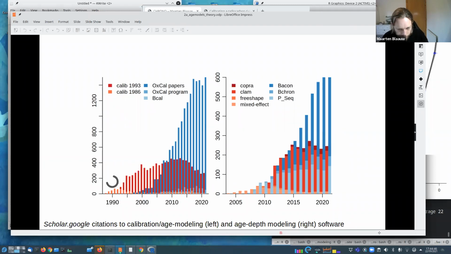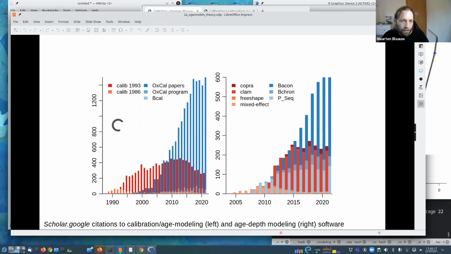Now, if you just focus on the left graph here, that just looks at generic calibration software. There's Calib, which was written by Paula Reimer in the late 1980s. That was actually one of the first pieces of software that people could download or get on a diskette and then run to get calibrated dates.